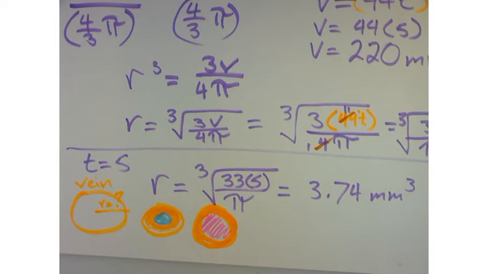But I can't get into somebody's vein and measure how wide it is. I can't even look at it. I'm going to take a catheter and insert it into somebody's vein, so I have to have a way to determine how big the balloon is. And the only way I could do that is to figure out how long it takes to blow the balloon up to a certain size.